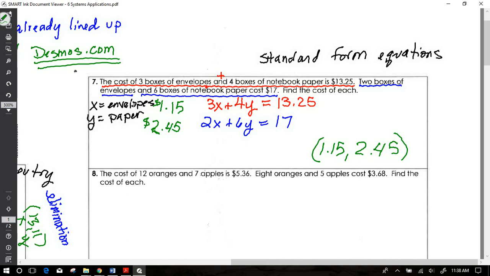Let's do number 8. So I do need for you to go ahead and make sure that you have Desmos calculator open on your computer so that you can just click back and forth on the tabs. So Desmos.com, and then just click Start Graphing, and that should bring you right there.